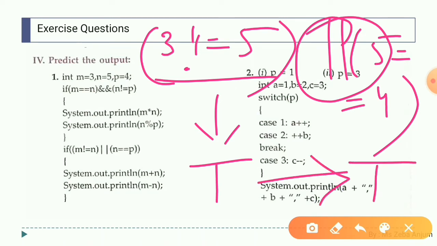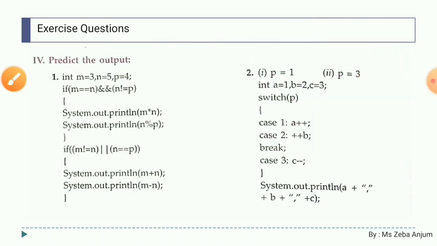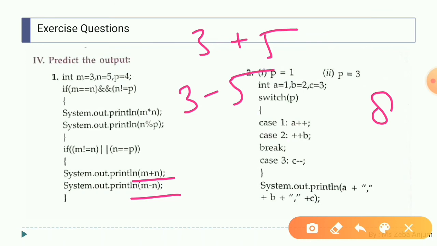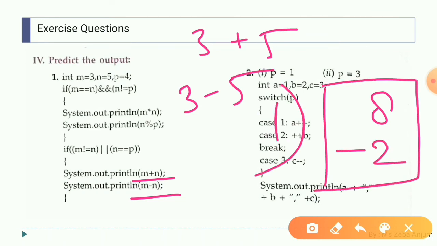Because logical OR says any one condition should be true for your answer to be true, so your answer will be true. So these two statements will be evaluated and you will get as output m plus n, the value 3 plus 5 that is 8, and then m minus n, 3 minus 5 that is minus 2. So this is the output you are going to get for this first one.